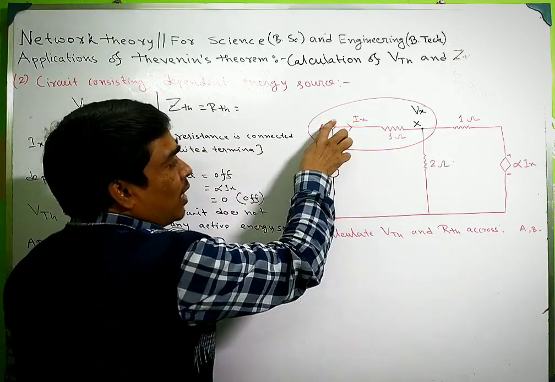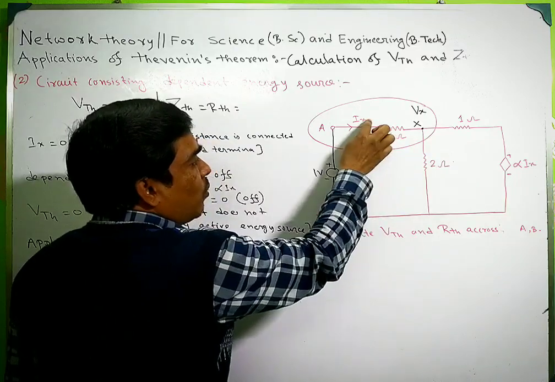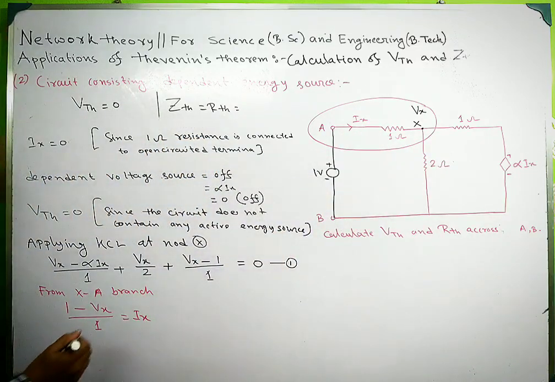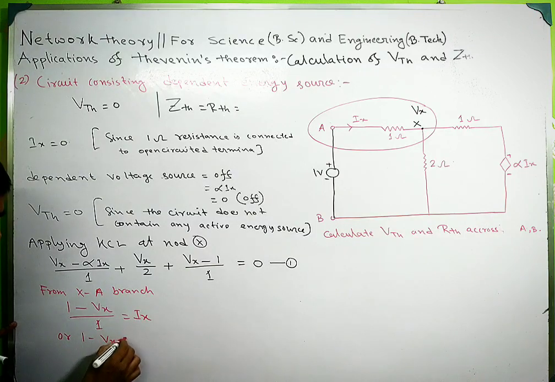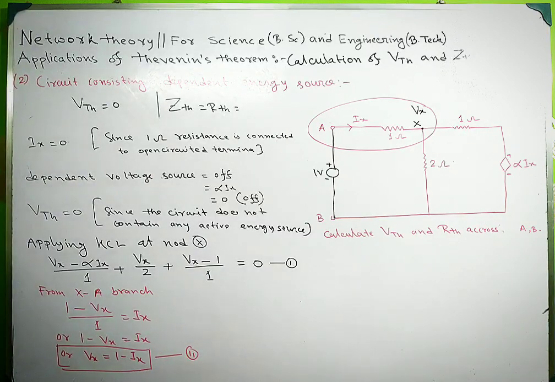So (1 minus Vx) divided by 1 equals Ix, or 1 minus Vx equals Ix, or Vx equals 1 minus Ix. This is equation number 2.